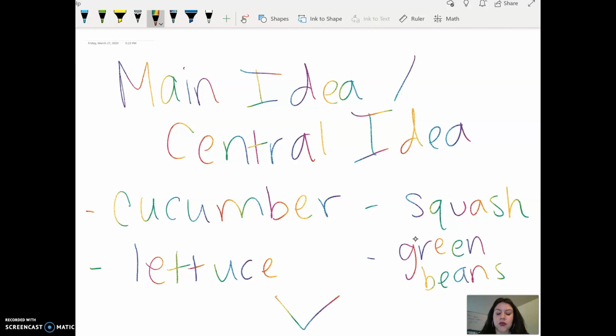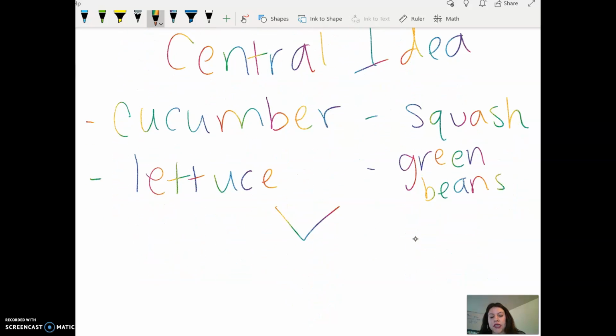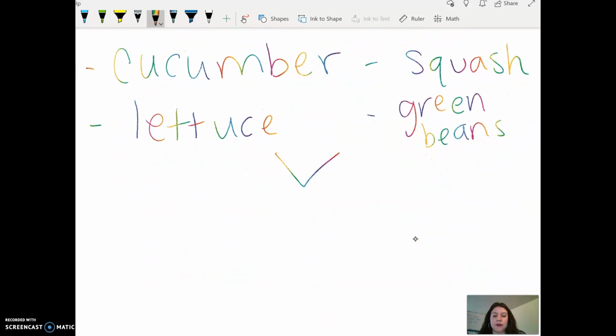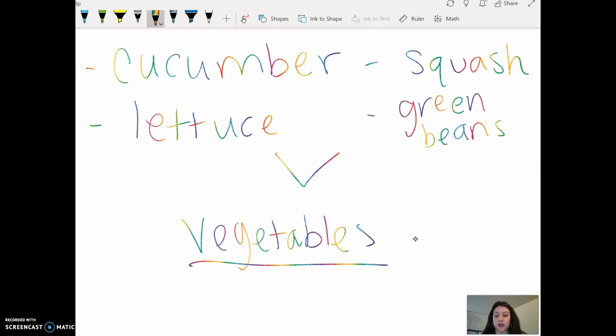If I put all of those things together, what does it have in common? What do all of these things have in common? Cucumber, lettuce, squash, green beans, all together, what do they have in common? They are all types of vegetables.